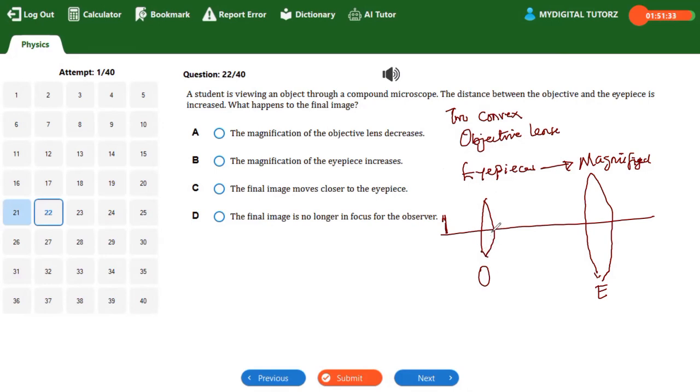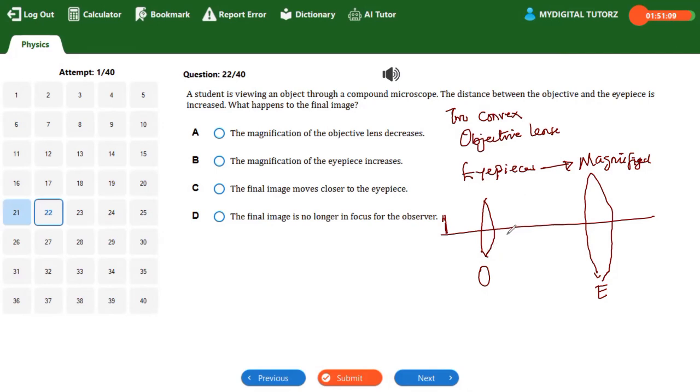So if you increase the distance between the objective lens and the eyepiece, then the image will be very far away, and the final image will no longer be in focus for the observer.